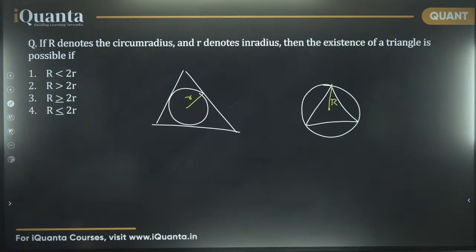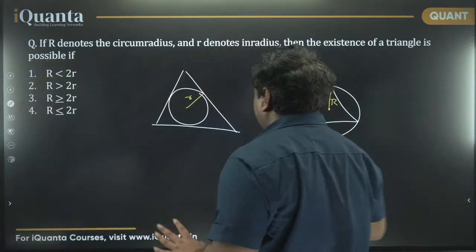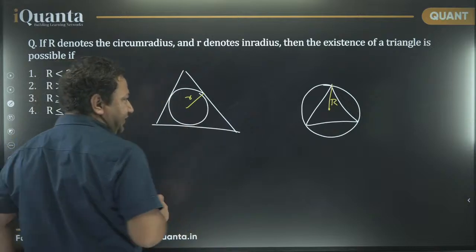So we can have different ways in which we can calculate the circumradius and inradius, but at the same time, there are certain specific things which happen with certain types of triangles. For example, this is clear. Also, there are certain things which are associated with the inradius and circumradius.